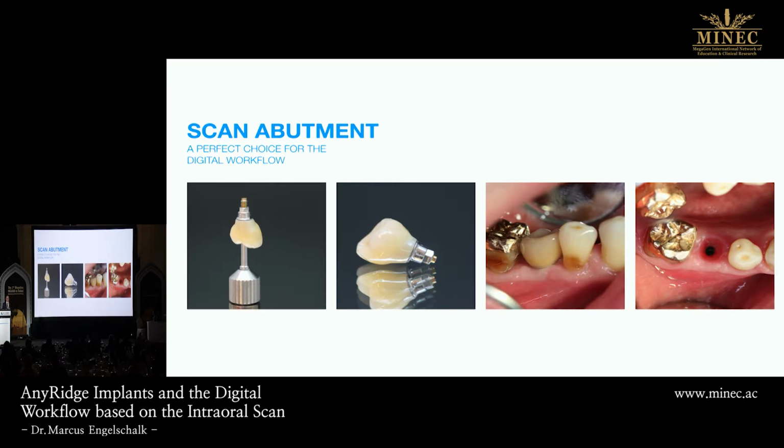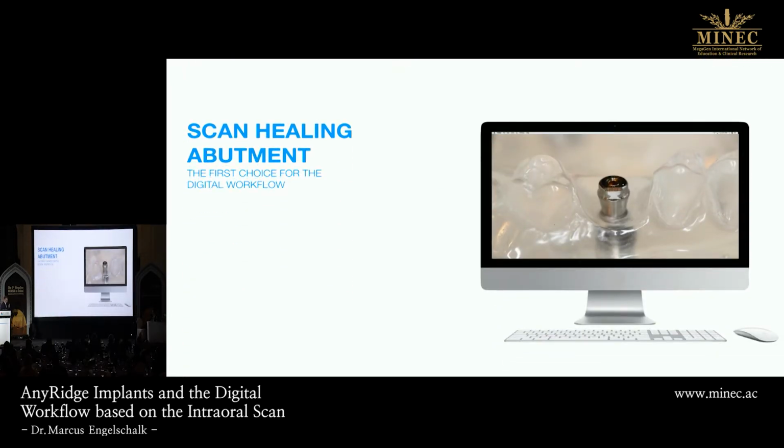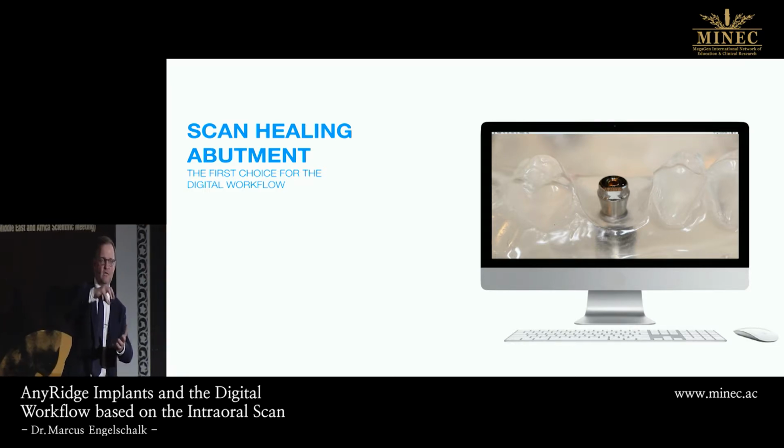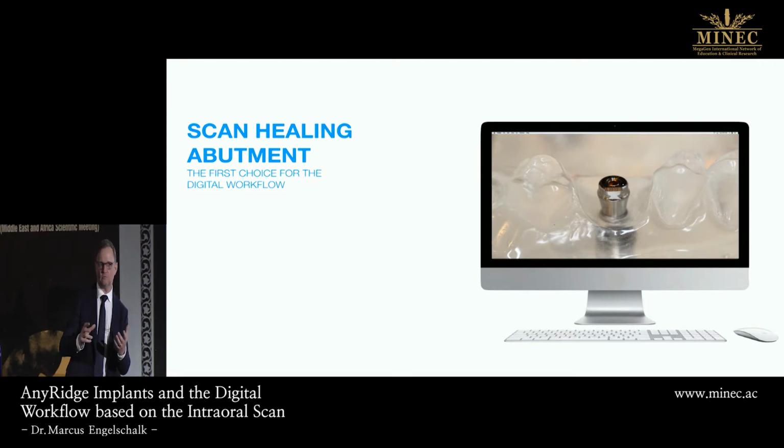after the implantation. Okay, this was a good choice, but now my first choice is I want to reduce the number of screwings on the implant. So my gingival healing abutment has to stay also for the process of scanning. So what to do?